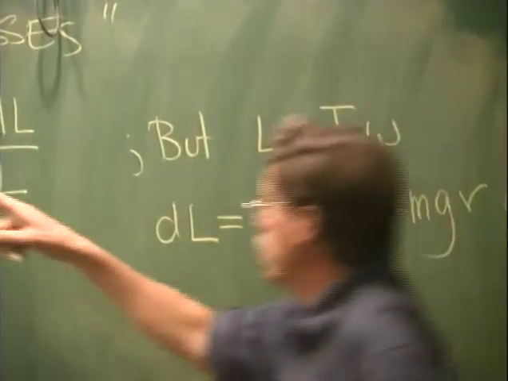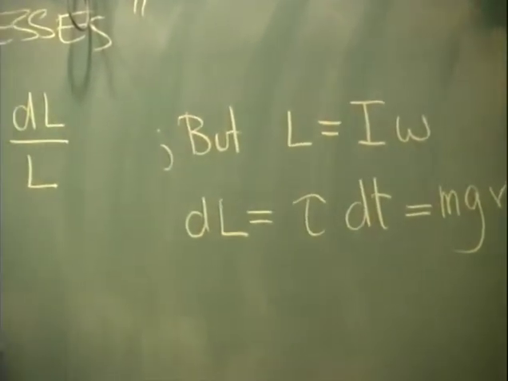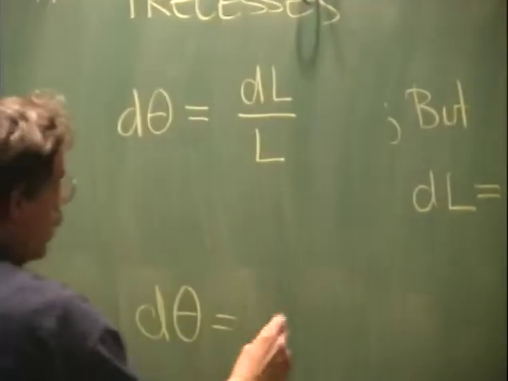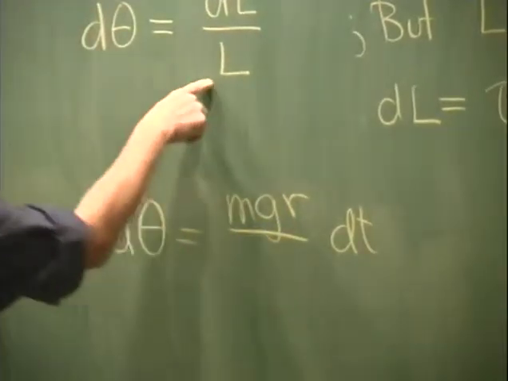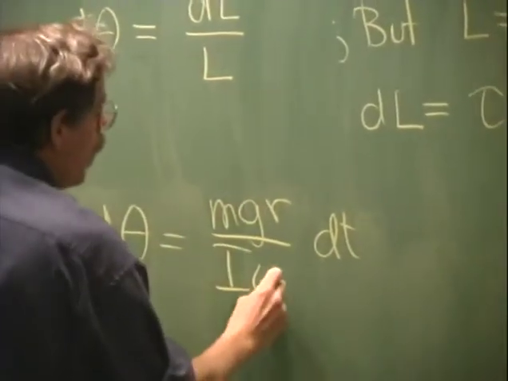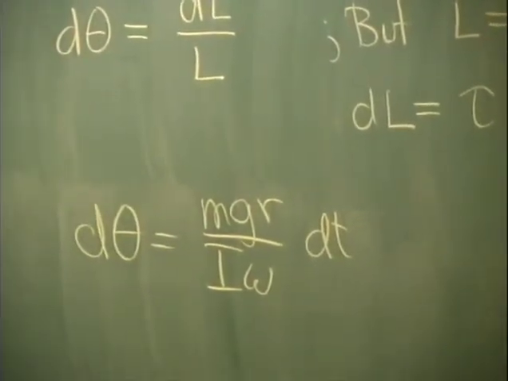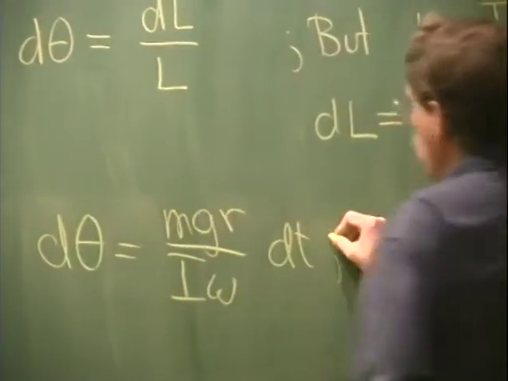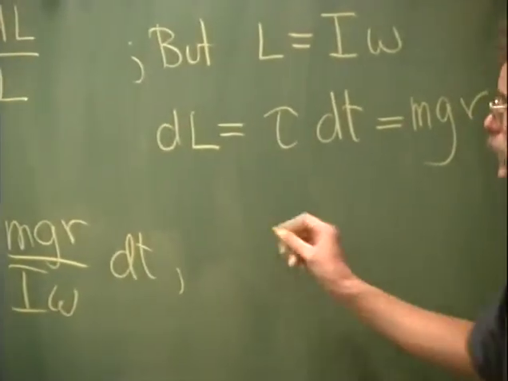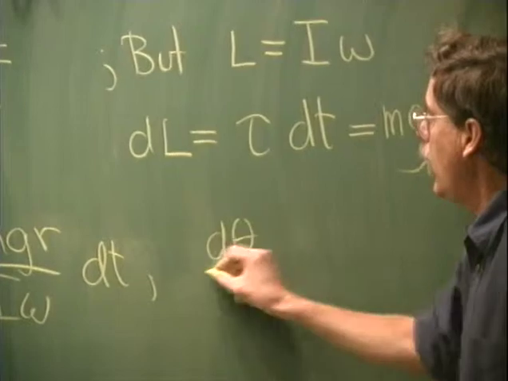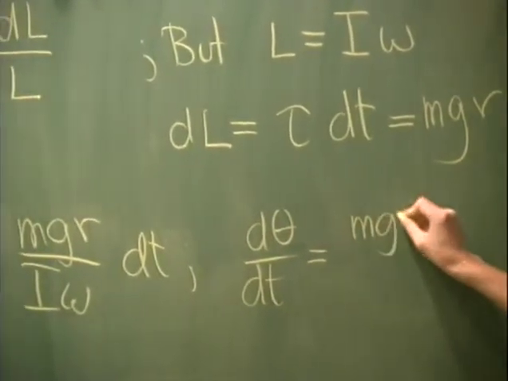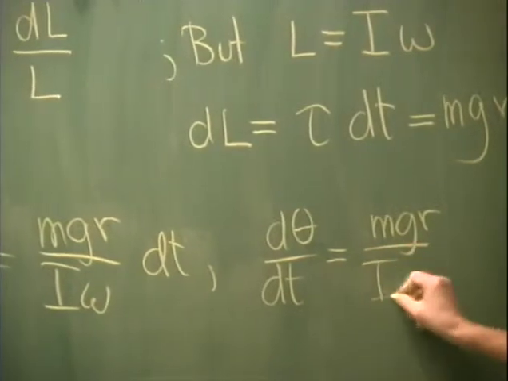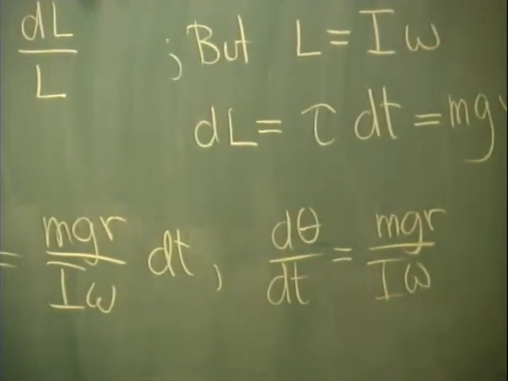Stick that into my original equation, and I have d theta is equal to dL, that's mgr dt, divided by L, which is I omega. And that tells me then what the rate of change of the angle is. d theta by dt is mgr over I omega.